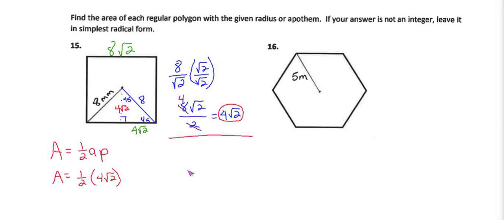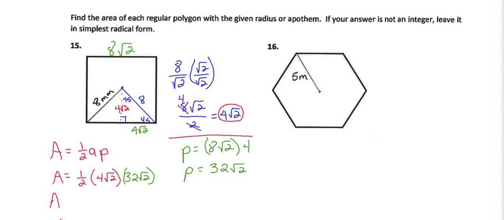So my perimeter would be 8 times the square root of 2 times 4 because there are 4 sides. So that gives me 32 times the square root of 2. So I'm going to substitute that in right here, 32 times the square root of 2. Now, you can certainly put this in your calculator. This one turns out to be really nice.